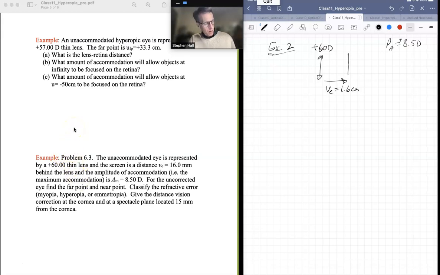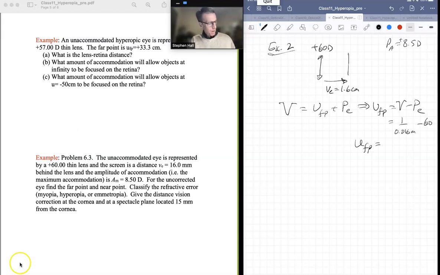Okay, so let's start out with the far point. So V equals U far point plus power of the eye. And so we can solve for the far point divergence, being image divergence minus the power of the eye. And that will be 1 over 0.016, which is 62.5 diopters, minus 60 diopters.